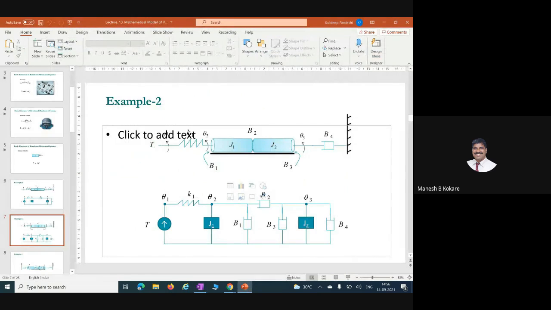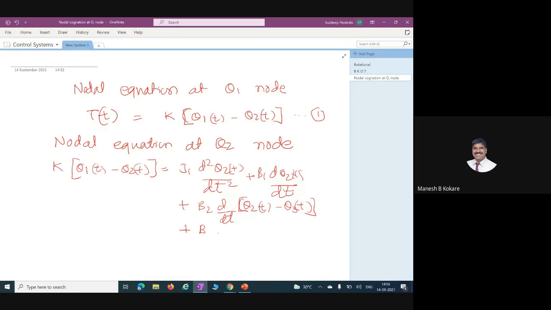B3, which is connected to theta 3. So B3 into d by dt theta 3 of t, right? So this is the nodal equation at node 2.